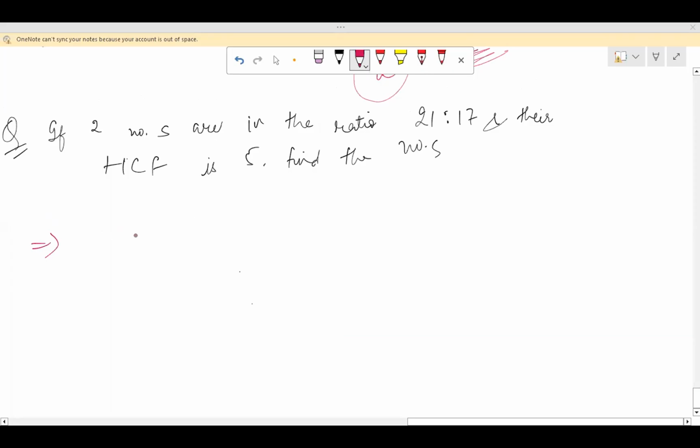Now we're going to follow this with the logic that if something is in the ratio, it must be getting multiplied. So we take the same number as x.